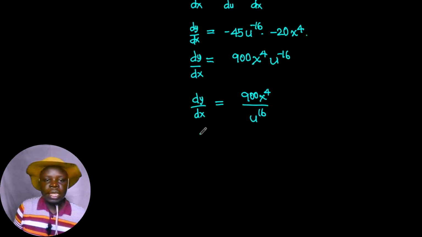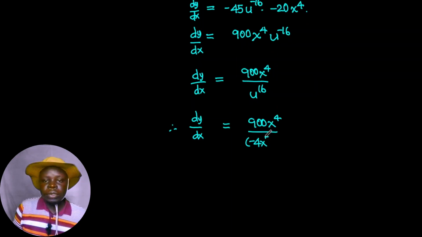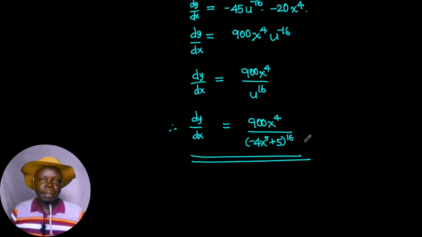So let's do that here. dy by dx is given by 900 x exponent 4 all over the bracket negative 4 x to the power of 5 plus 5, and the exponent here is 16. So that becomes the solution for the second part of this question here.